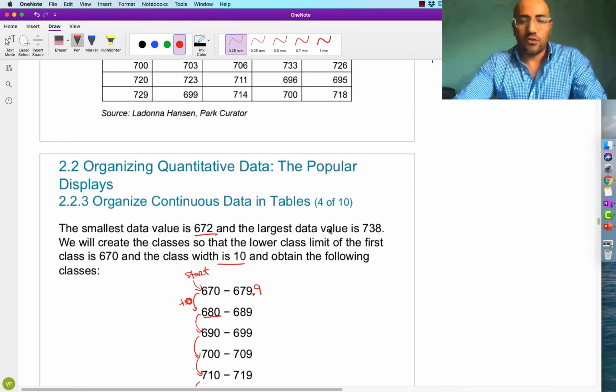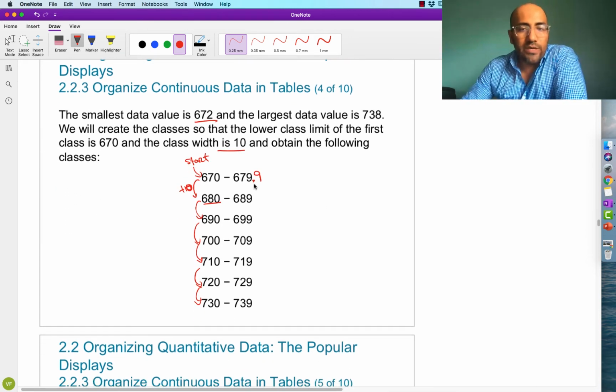Okay. So once we do that, it's easy to finish up our classes, and then it's time to make sure that it all worked out, because we have to confirm that the classes fit our data. We want to make sure that the largest number really does fall in the last class.